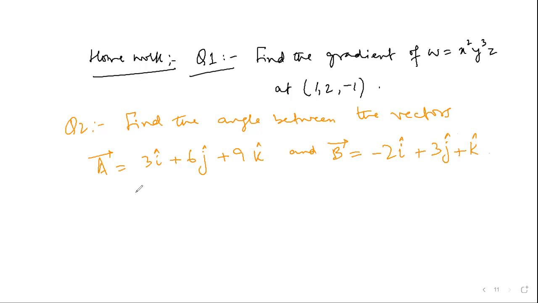Find the angle between the vectors a equal to 3i plus 6j plus 9k and b equal to minus 2i plus 3j plus k.